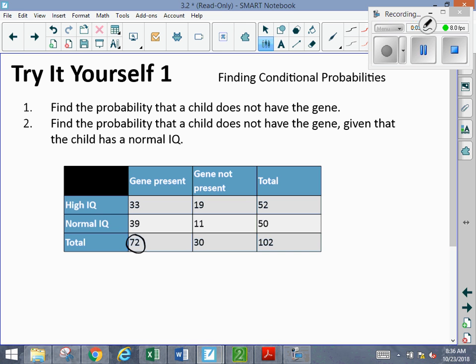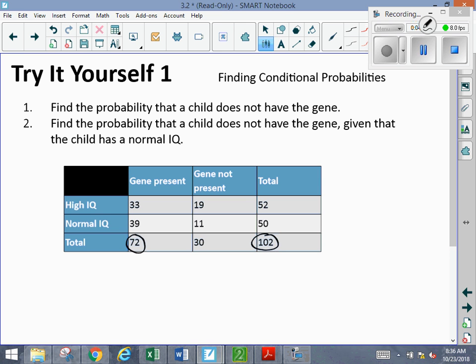It's just straight up: what's the probability that they do not have the gene? What I just circled, 72 over 102, is the probability that they do have the gene. So what do I have to do? I have to take the complement. I'm going to subtract it from 1.